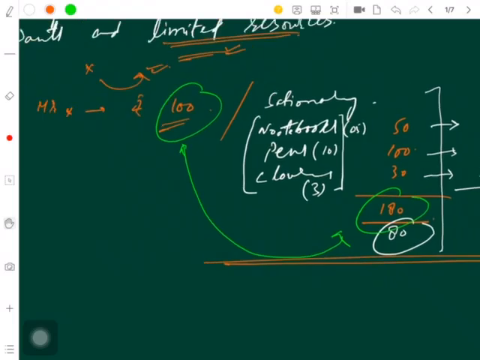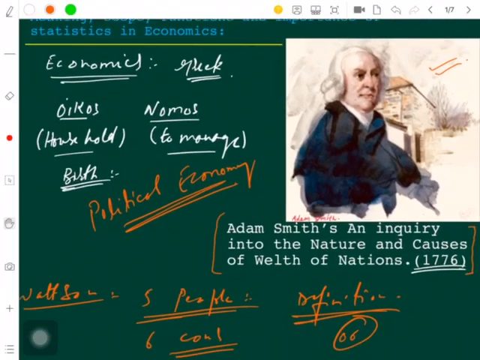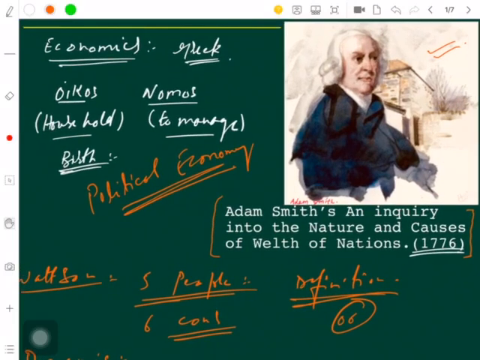As I said earlier, in 1776 Adam Smith published his book, which is known as An Inquiry into the Nature and Causes of the Wealth of Nations. The words in the name itself explain many things. Please keep these words in mind; you will get to know what each and every word means. This is a very important word for people to keep in mind here.